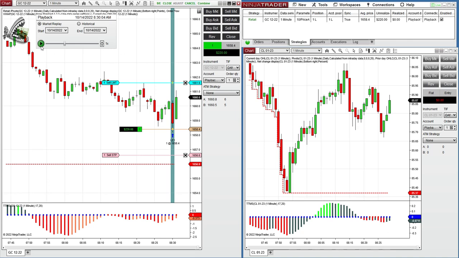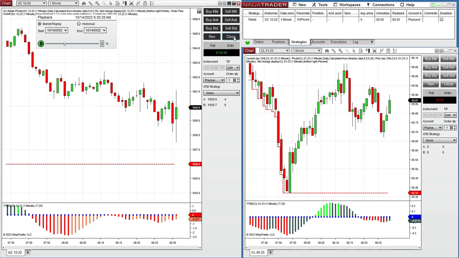Now, ideally, I would rather move my target into the exit. But sometimes a trap trade will reverse multiple times. And even though we don't like doing it, you can always exit the trade by hitting the close button.